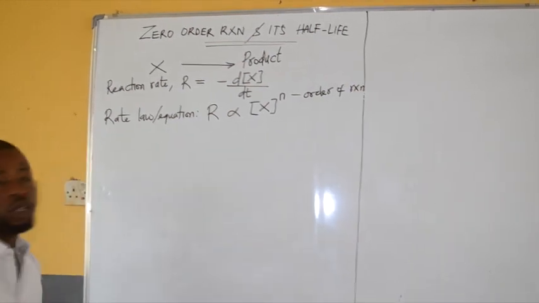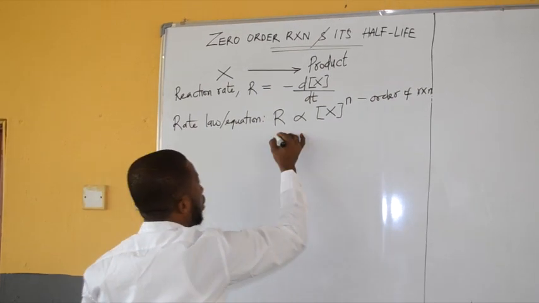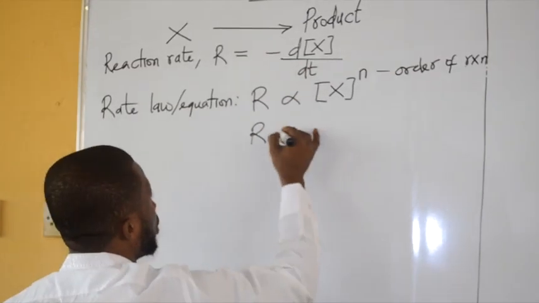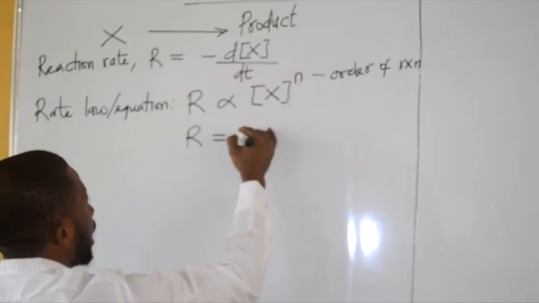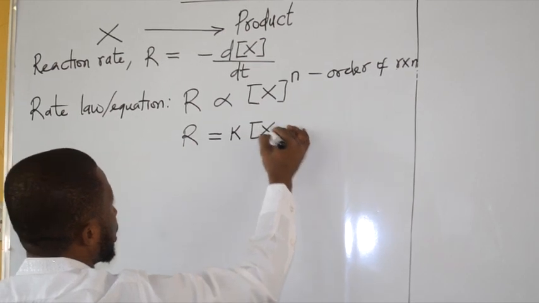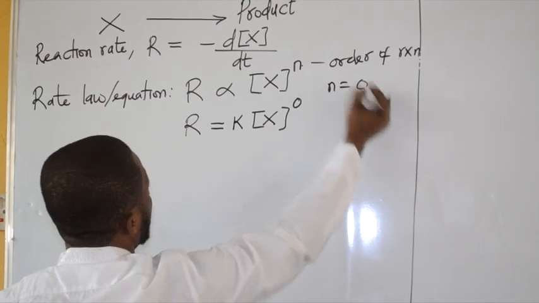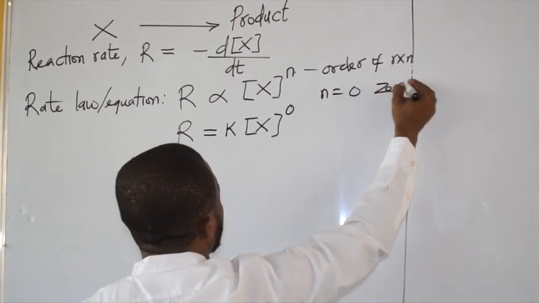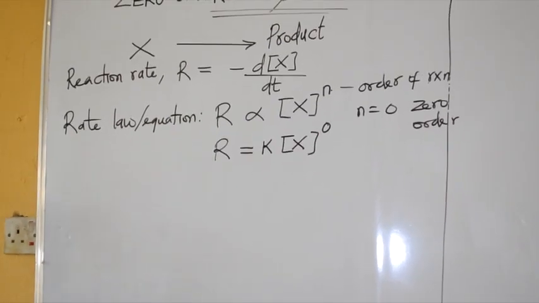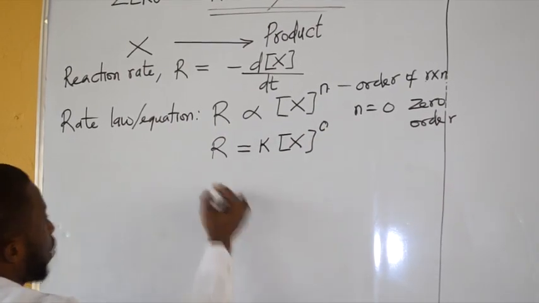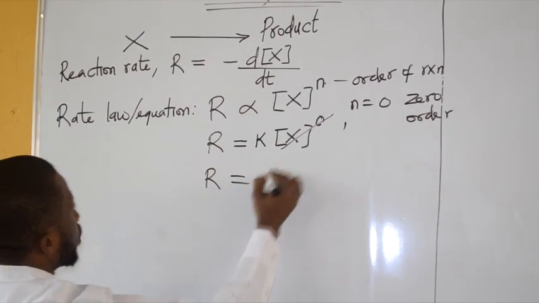So in this case, we are talking about the zero order reaction, meaning that n here will be equal to 0. Of course, we change the proportionality to equal, and then a constant k is introduced. Since it's a zero order reaction, n is equal to 0, and whatever has the power of 0 equals 1. Therefore, R is equal to k.